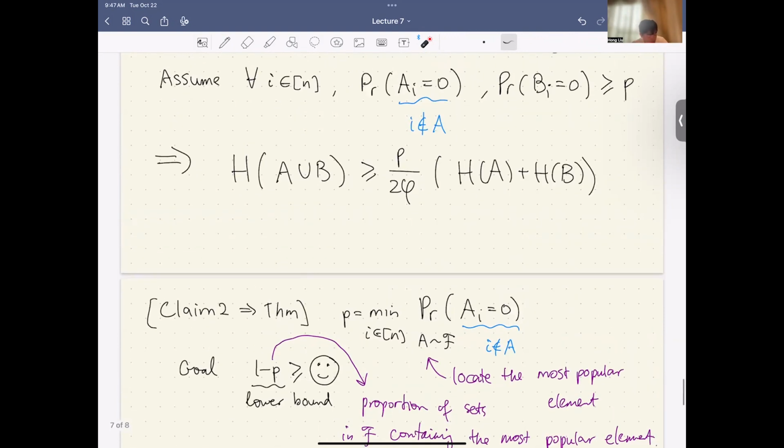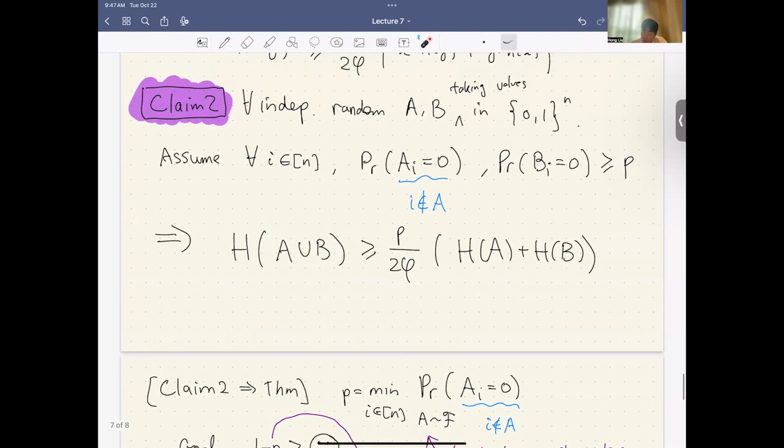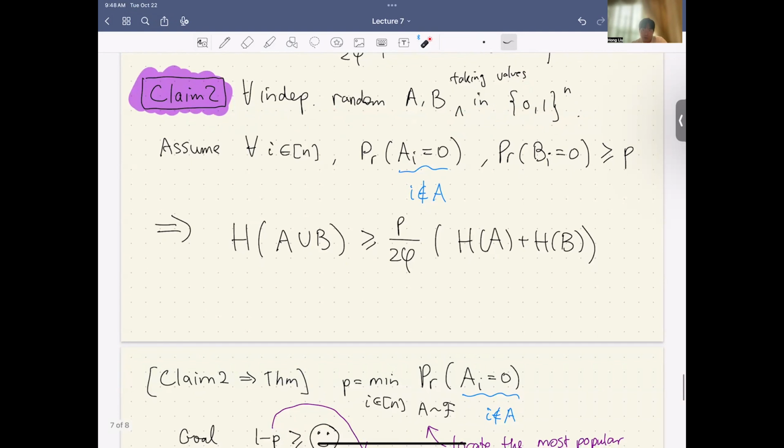Now, what we're going to do is apply the claim. We need to take two independent random A, B taking values in {0,1}^n. What's the obvious choice? We also need to somehow link to the cardinality of F, right?